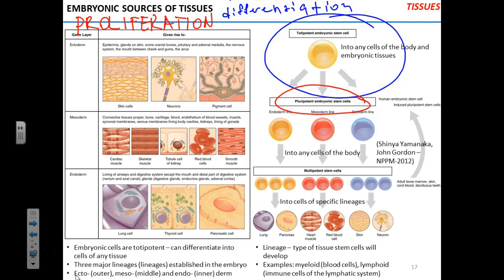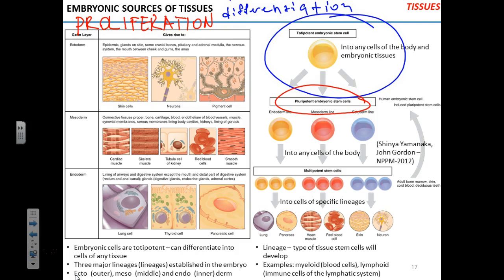Toti means everything, right? What about pluri? Plural, what does that mean? Many, right? So pluripotent stem cells can become many other tissues, but they are somewhat restricted. Is that clear? That they are restricted a little bit.